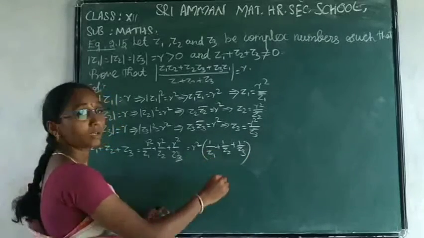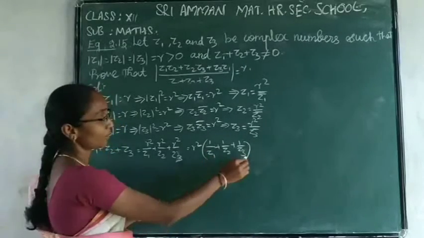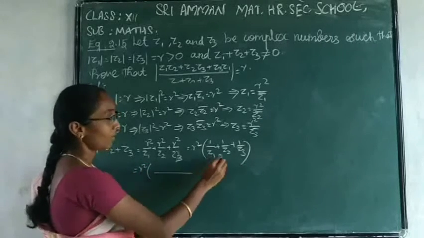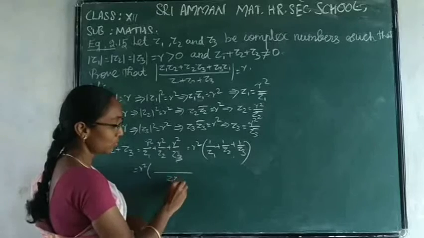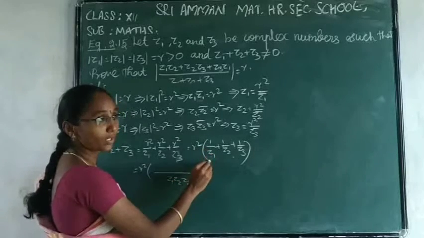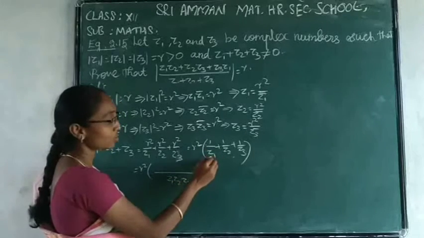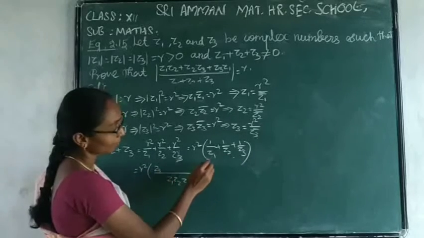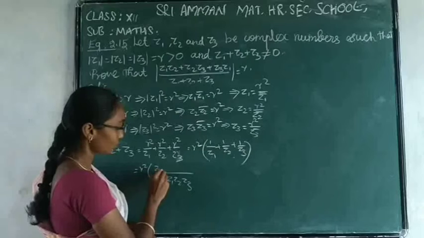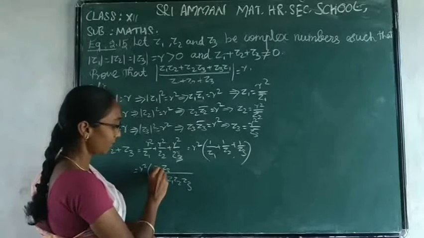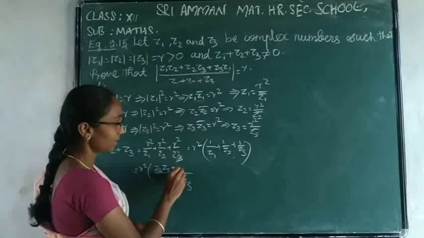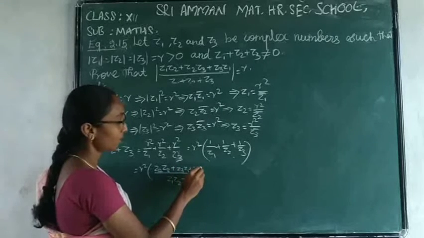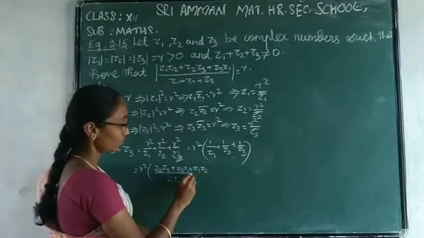Now taking the LCM, r square into z2 z3 plus z3 z1 plus z1 z2.